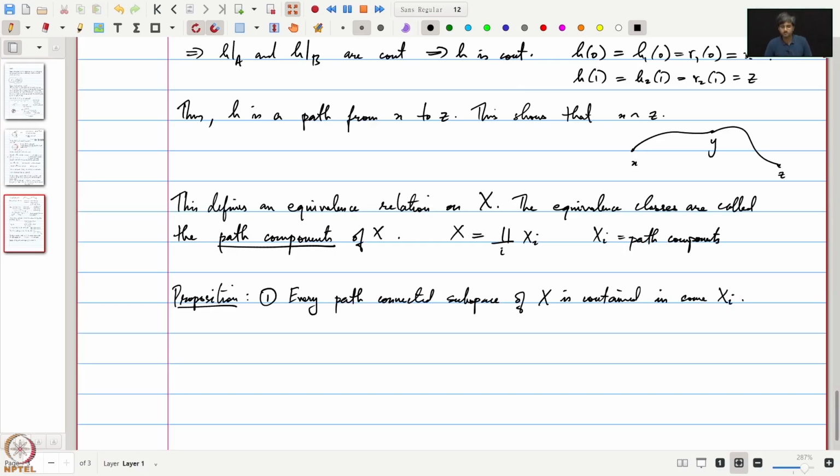In fact, it's contained in a unique Xi. And two, each Xi is path connected. Both of these together prove that the Xi are maximal path connected subspaces of X.